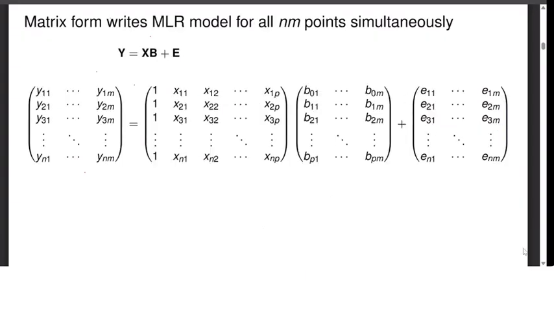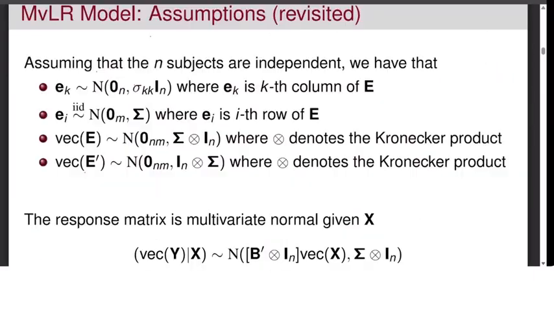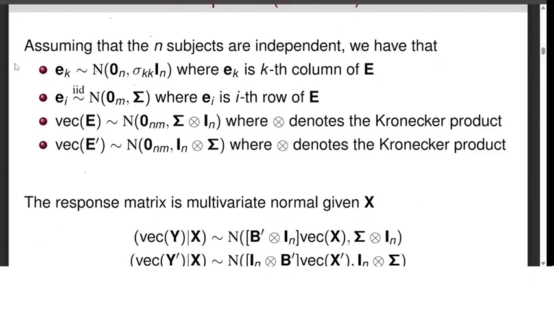And that was why you are seeing this here. Take a look at this. It follows a normal distribution with zero, and that zero vector has dimension n by m, and of course, we are also going to have the variance. The variance is going to be a Kronecker product between the covariance and the identity matrix of order n.